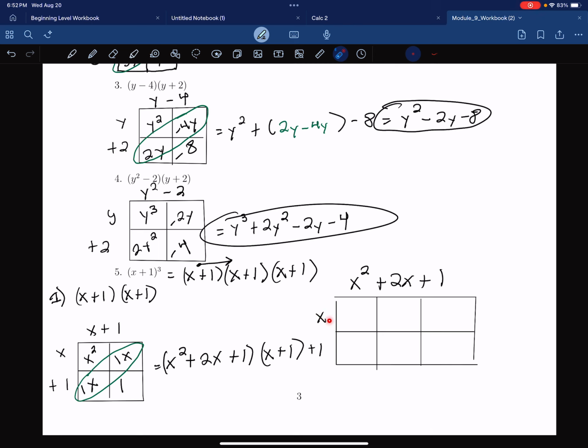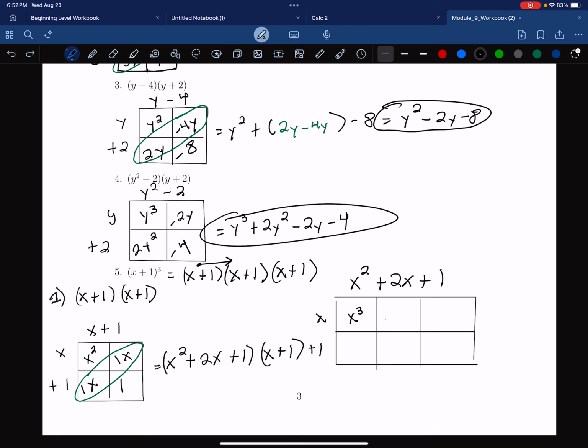So we have an x times x squared for this box, and an x times x squared is going to be x cubed, because x to the 1 plus 2 is going to be x to the 3rd power, or x cubed. So moving on over to this box, we have an x times 2x.